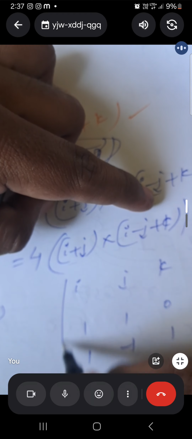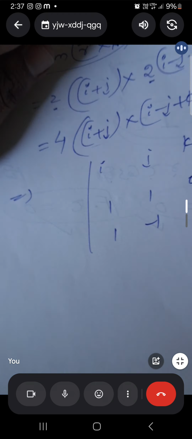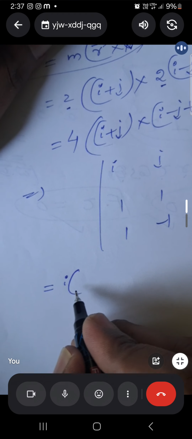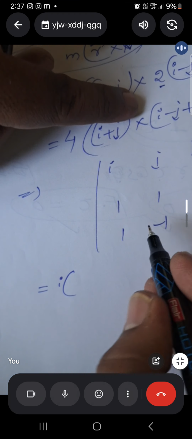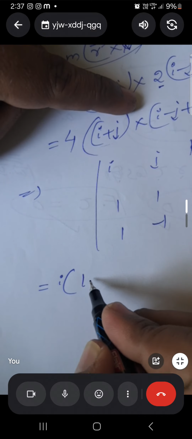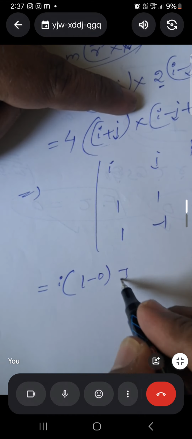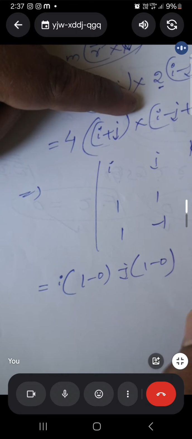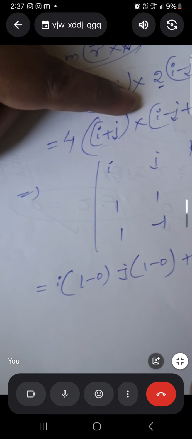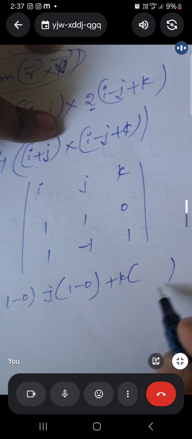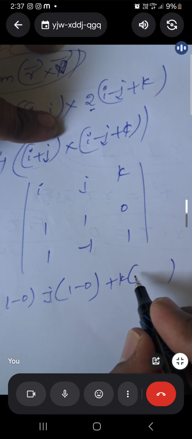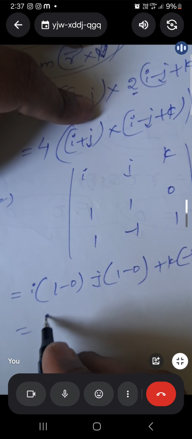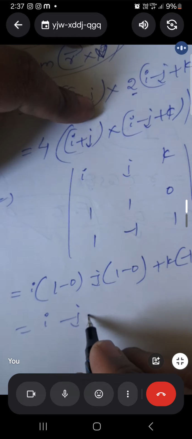Now we have to calculate this. i times (1 minus 0), minus j times (1 minus 0), plus k times (minus 1 minus 1). This is i minus j minus 2k.